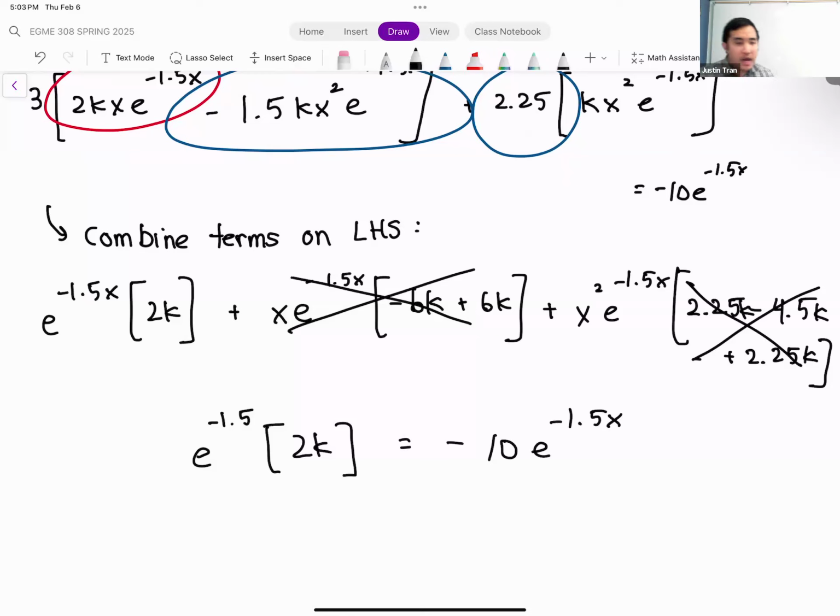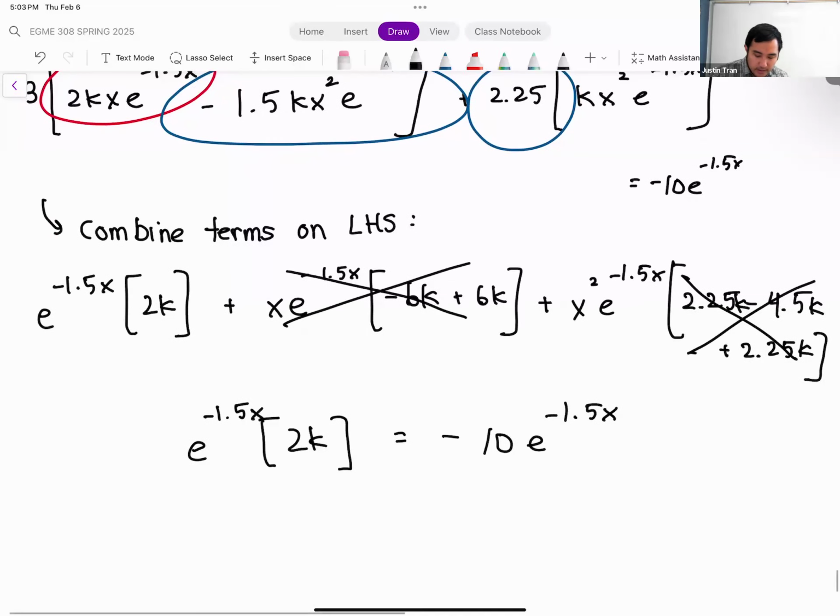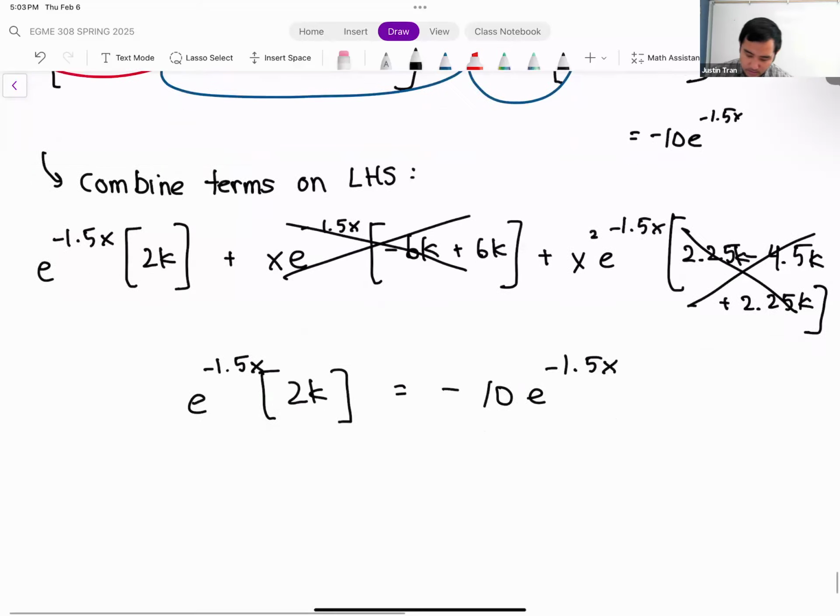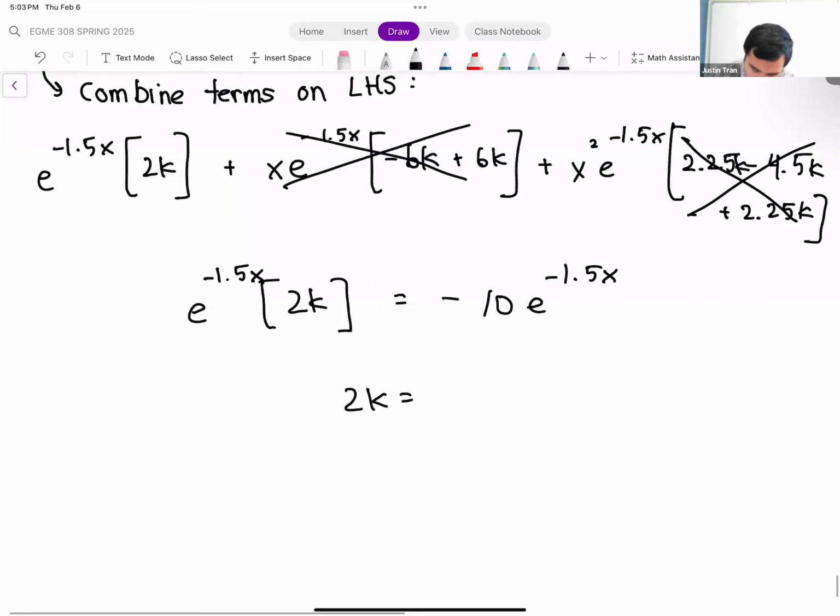And so after all the carnage, after all of the canceling out, all we're left with is e to the minus 1.5x times 2k is equal to minus 10 e to the minus 1.5x. So from this, we can see that 2k must equal minus 10, which means k is equal to minus 5.